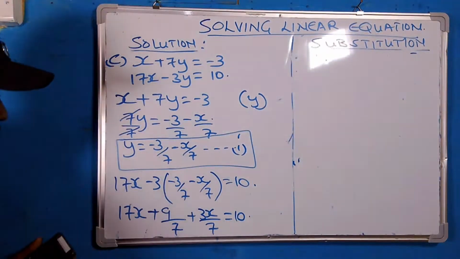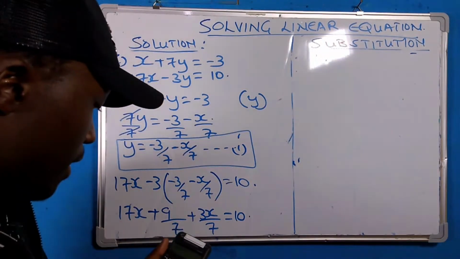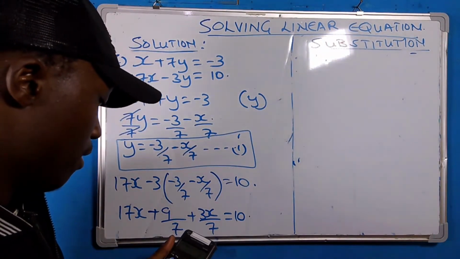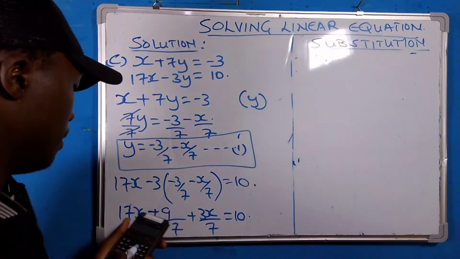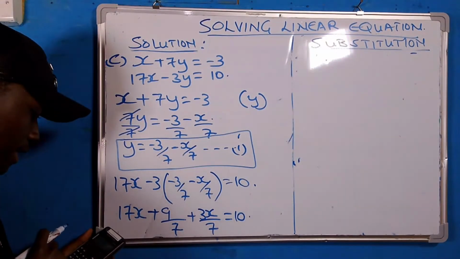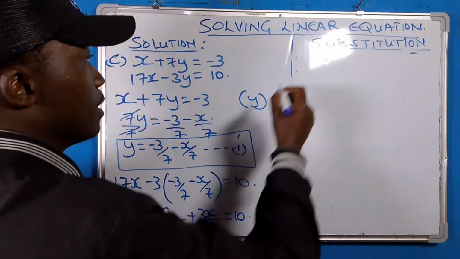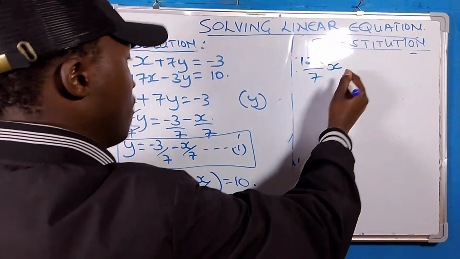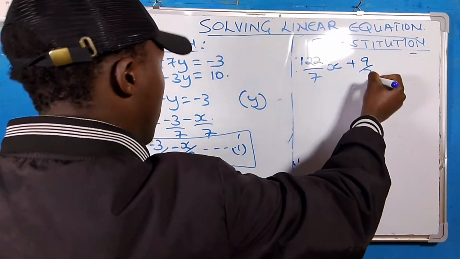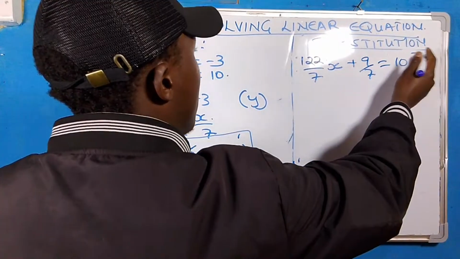So let us now put the like terms together. 17 plus 3 over 7 will be equal to 17 whole 3 over 7, or 122 over 7x. We have plus 9 over 7 is equal to 10.